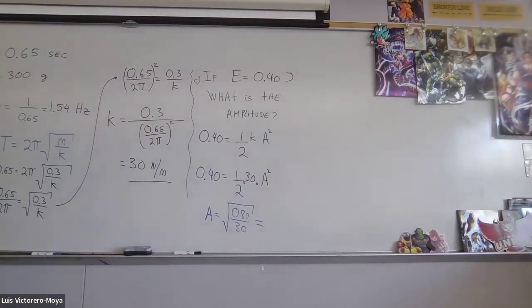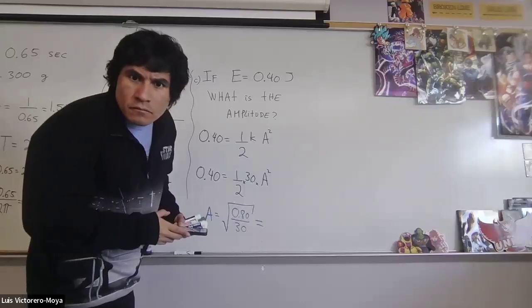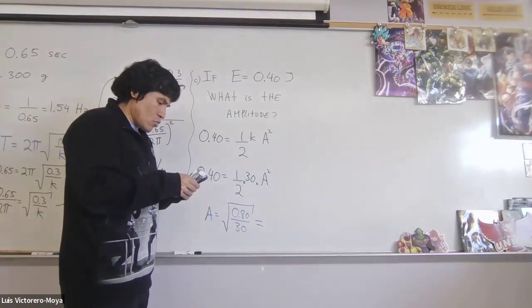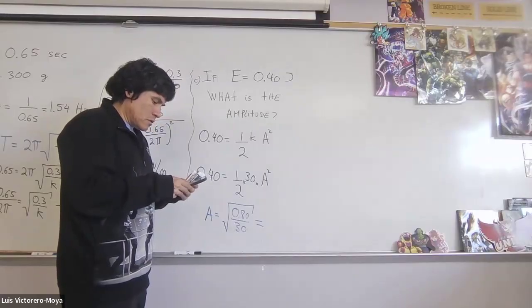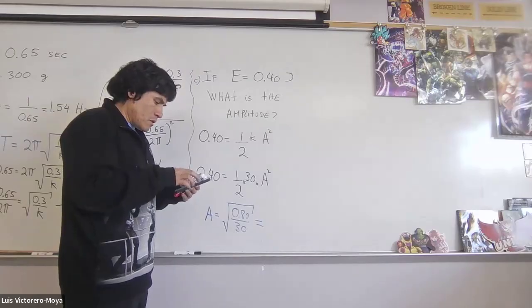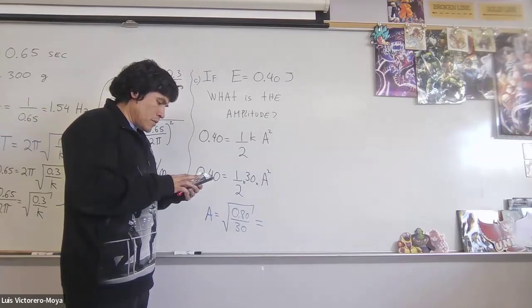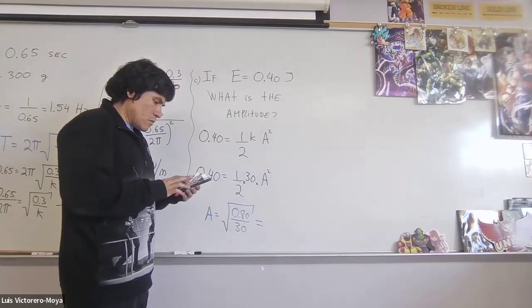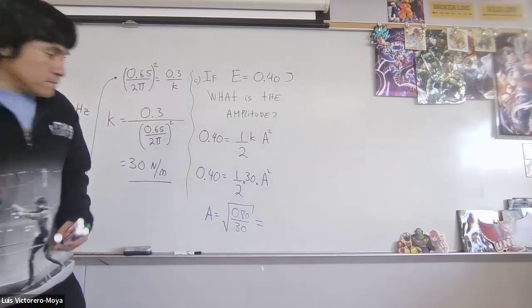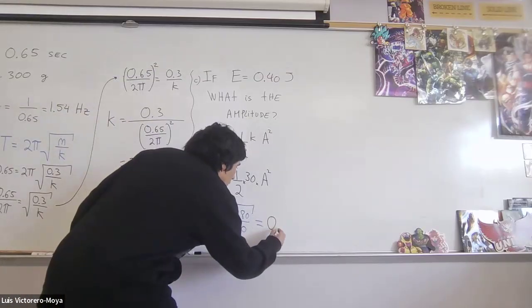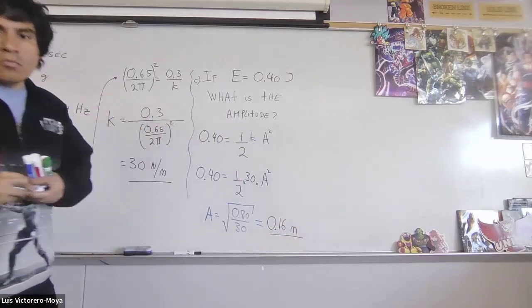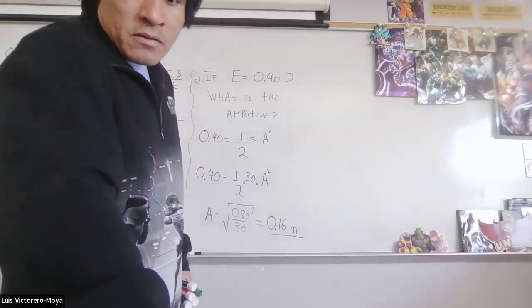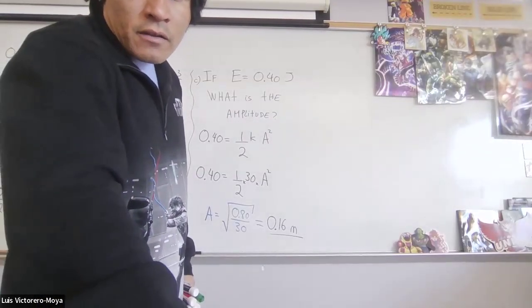That's it. 0.8 over 30, square root of 0.027, is 0.16 meters. Remember, I used different numbers than the ones in the assignment, so those are 2 problems we just did.